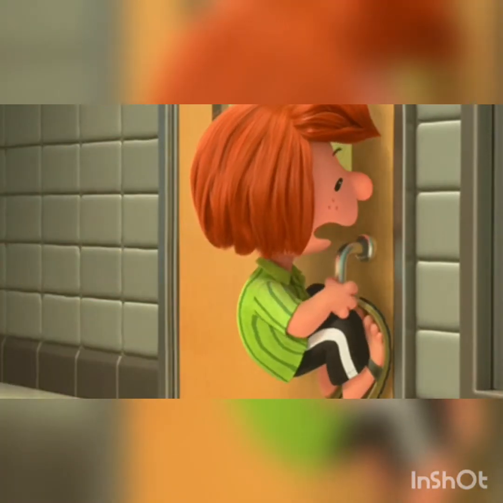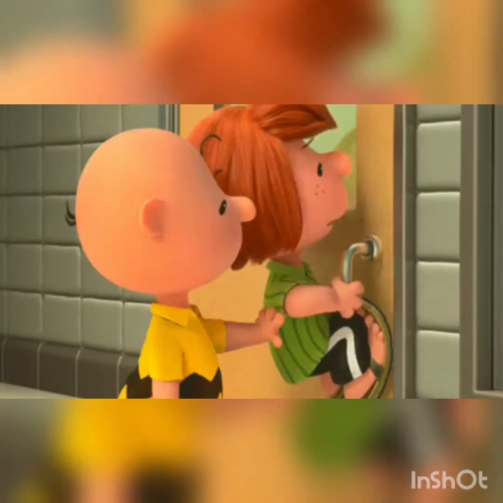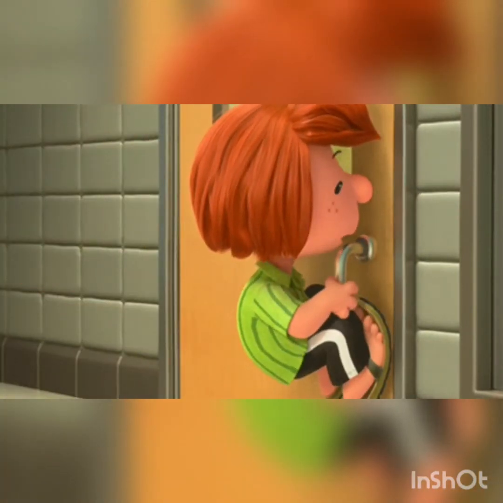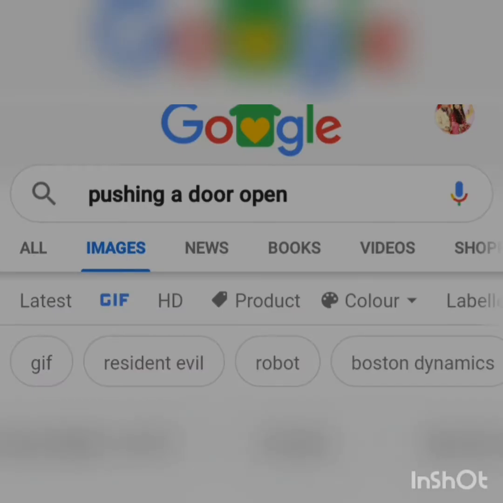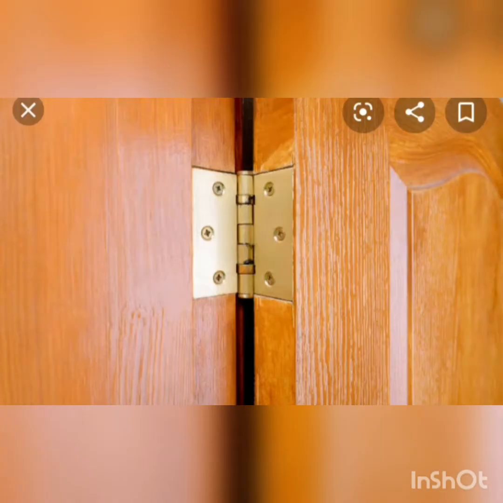The hinge is also considered to be a fulcrum or pivot. Here, as you can see, this is the hinge of a door about which the door opens and closes.